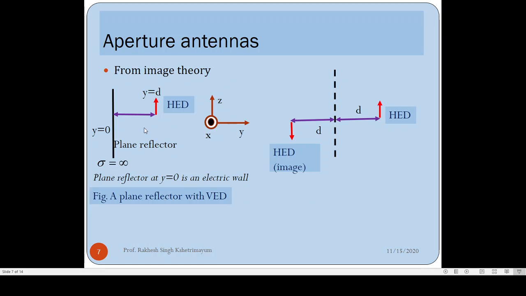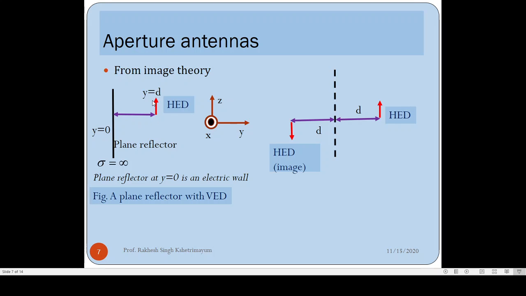This is the coordinate system: x is coming out of the screen, y is along this direction, z is along this direction. So I am putting a flat plate reflector in the xz plane at y equal to 0.